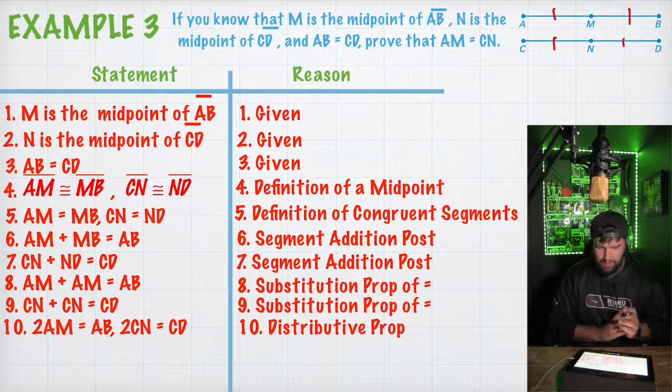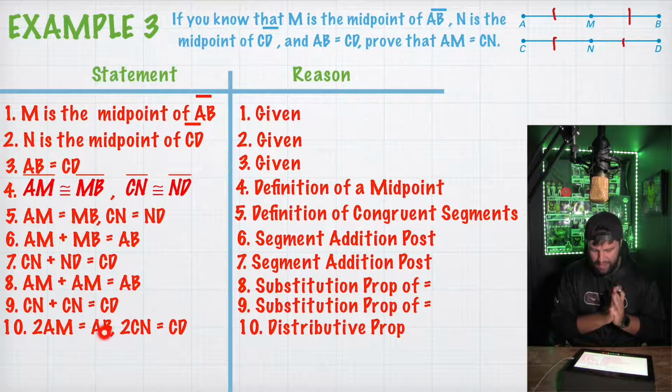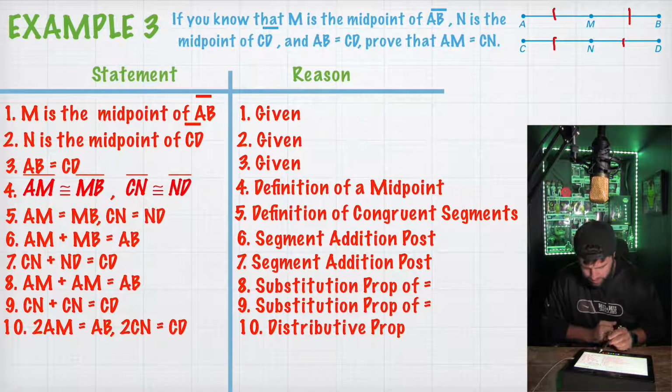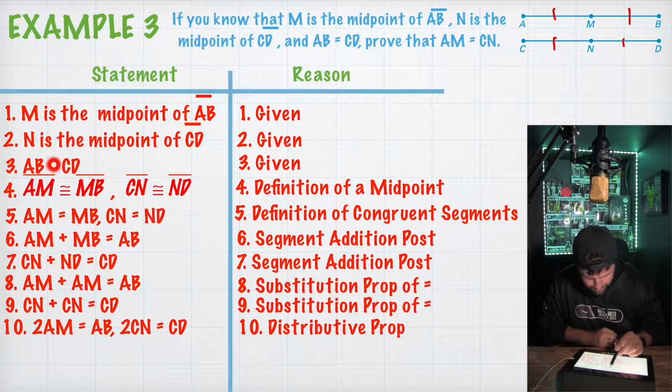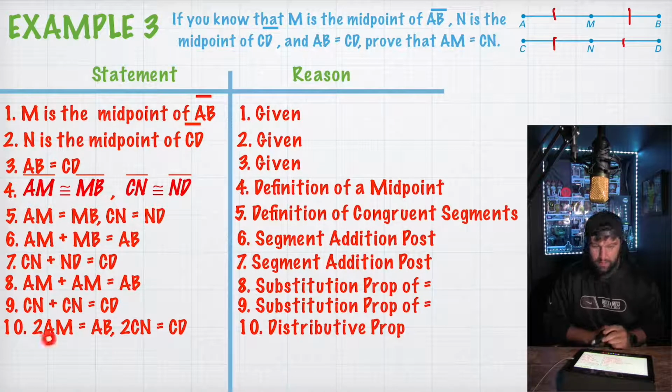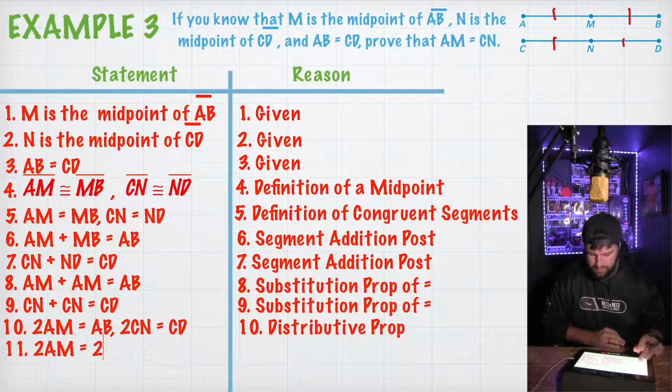Next, we can say, because we know AB equals CD, right? AB equals CD. We can actually substitute in 2AM equals 2CN because we have AB and CD. And that would be the substitution property of equality.